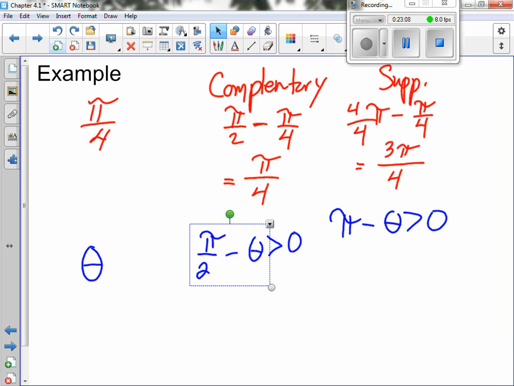If it's bigger than both of these, it just doesn't work, because the complement angle would be a negative angle. We don't deal with negatives. Questions on this here? You good with this here? If you have questions, let me know.